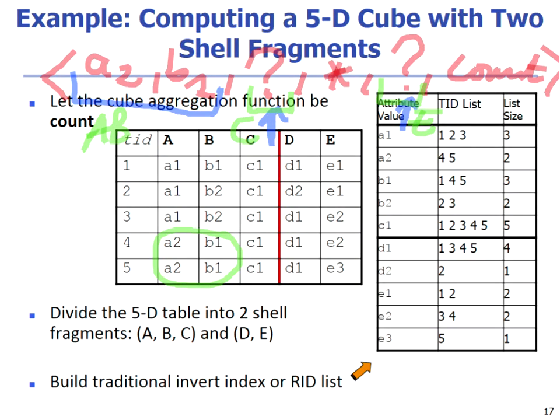So A2 B1 is in 4 and 5. Is it clear why A2 and B1 are in TID 4 and 5?